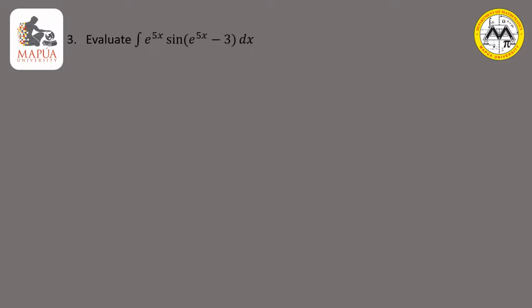For our third example, let us evaluate the integral of e to the 5x times sine of e to the 5x minus 3 dx. This given integral we will fit to the form sine u du. So what we do is first rewrite the integral to this form.